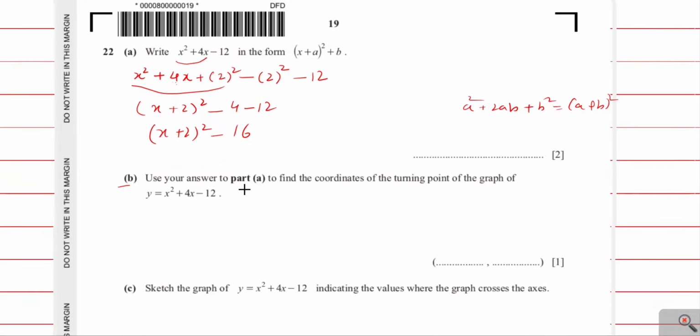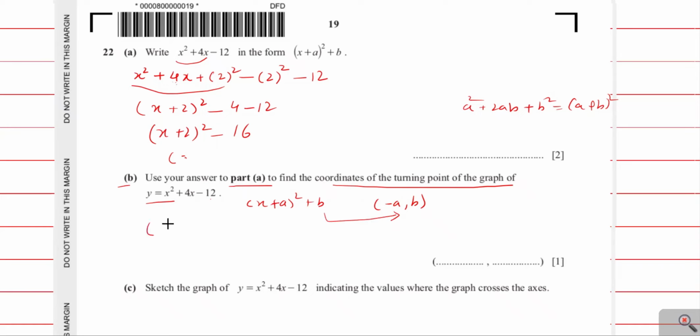Next, part B, use your part A to find the coordinates of the turning point of the graph. Look here, this is the quadratic equation. The turning point of (x plus a) whole square plus b is (minus a, b), and this is the turning point of this equation.